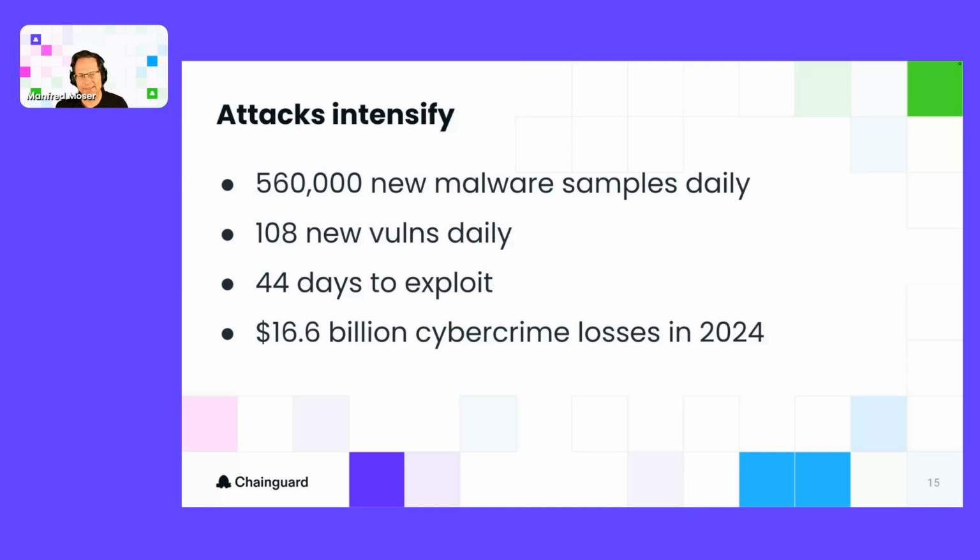New vulnerabilities get discovered daily. The time for an exploit to become available for a known security issue is only 44 days now, and that's only going to get faster.